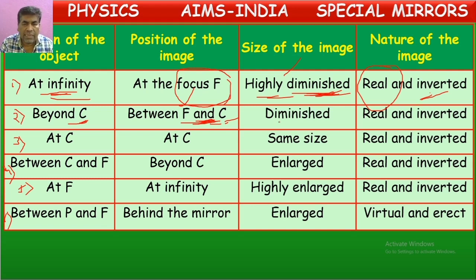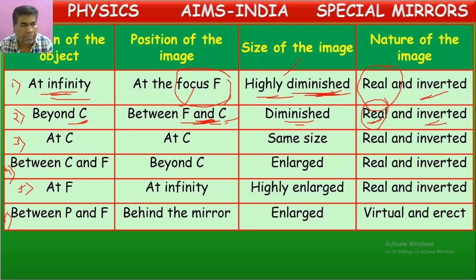What is the nature of the image? The size of the image is increasing. So from highly diminished it came to diminished, somewhat larger size compared to the previous case. So what is the nature of the image?